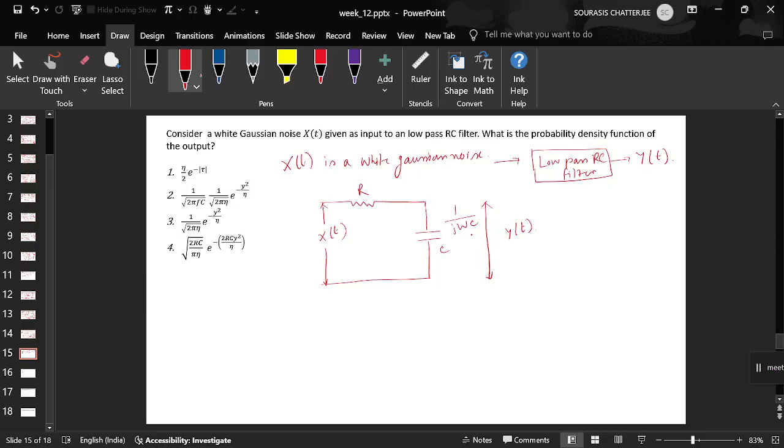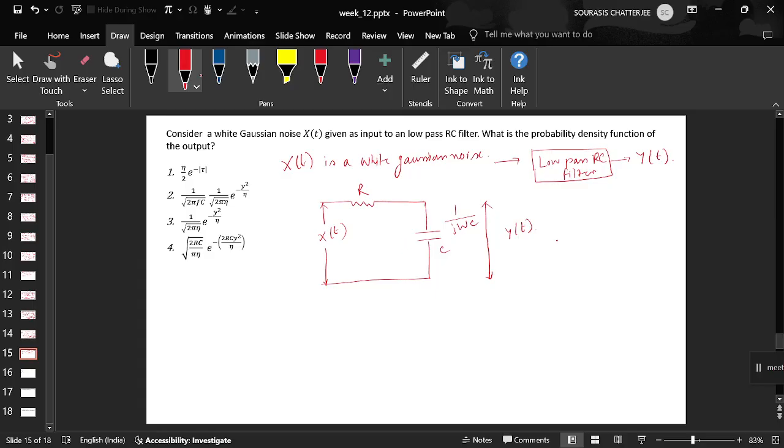And when you have very high frequency, this acts as a short circuit, so the signal is 0. So it prevents high frequency components from passing and only lets pass the low frequency components that are close to the DC values.